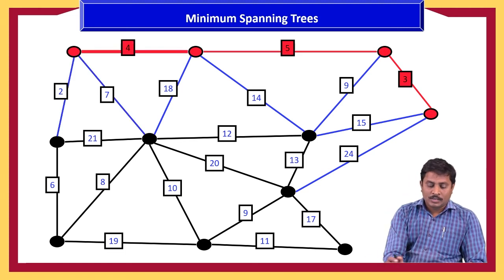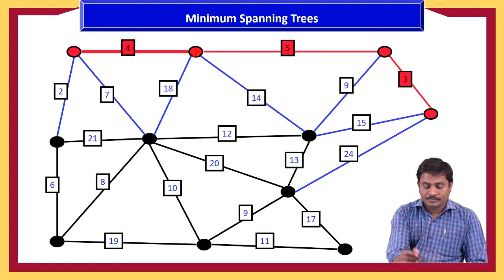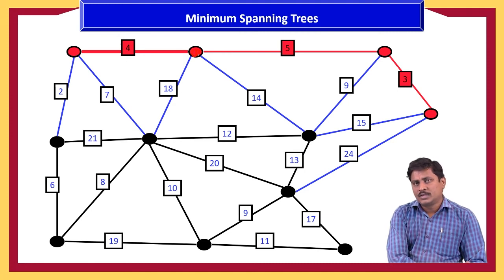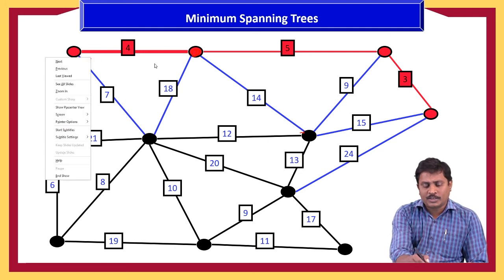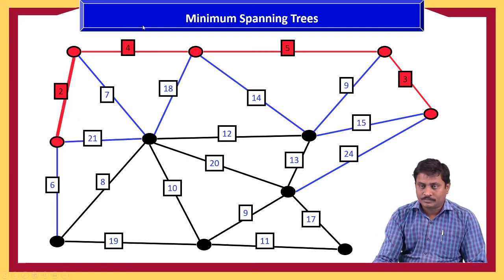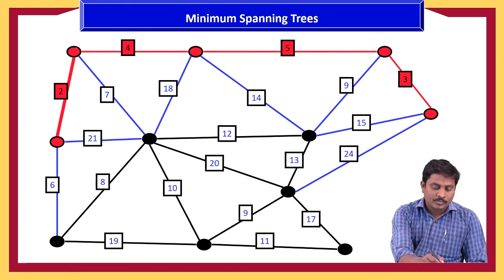Next, now we're reaching here. Here it connects with 18, 14 and also 4. Among these 4 is the minimum, so we choose this one. Next we come back to here, and it consists of 2 and 7. So 2 is the minimum value, we choose this one.